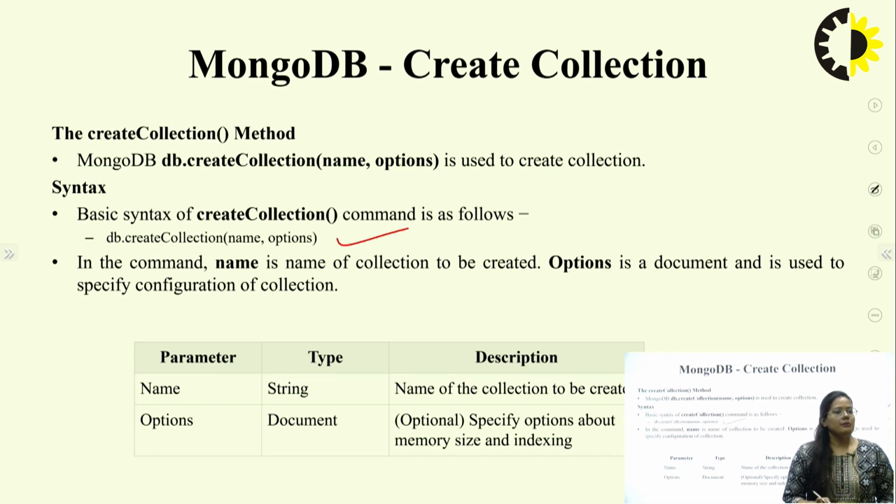Name is of type string, and it is the name of the collection to be created. Option is of type document. Basically it is optional. It specifies options about memory size and index.